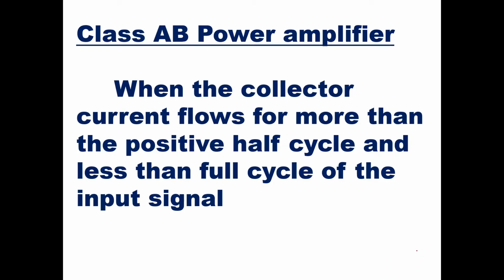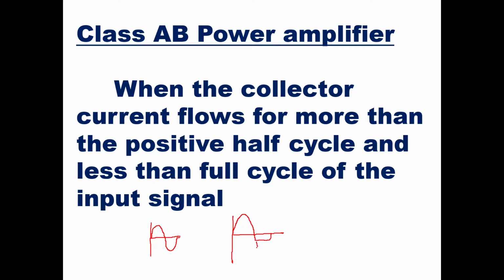That means if you show it through a waveform, if your input signal is a complete input signal, then the output signal, in amplified version, will take the complete positive half cycle, and it will take a part of the next cycle.